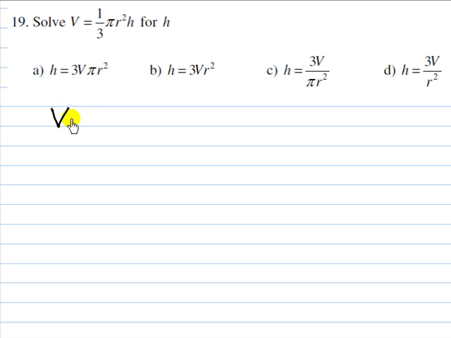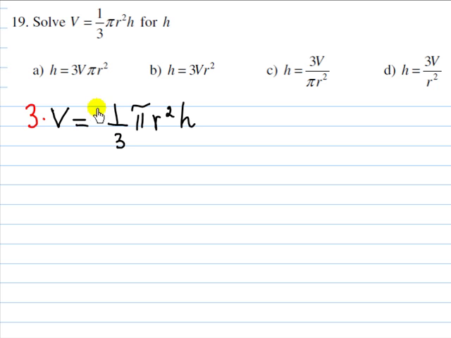We have V equals 1/3 pi times r squared times h, and we want to isolate the h. Well, one way to think about this, if there is a fraction in an equation, the way to get rid of the fraction is multiply both sides by the denominator. So let's multiply both sides by 3.